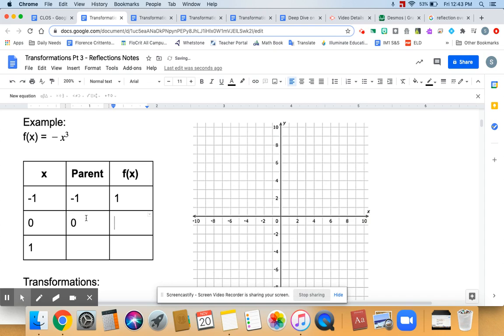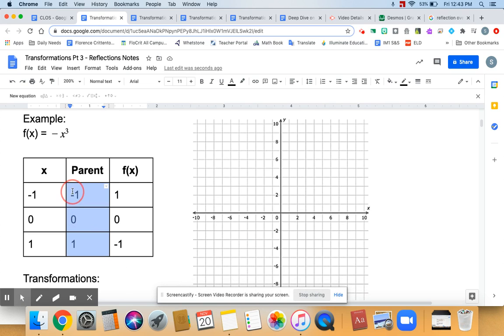And then if I put a negative in front, well, -0 is still 0. When I put in +1 for the parent, 1 times 1 times 1 is just 1. But for the new one, if there's a negative in front of that 1 now, it becomes -1. So you see how this one was negative, but then became positive. And this one was positive and then became negative. The negative in front flips it. It makes it reflect.